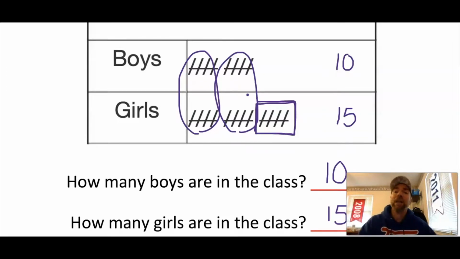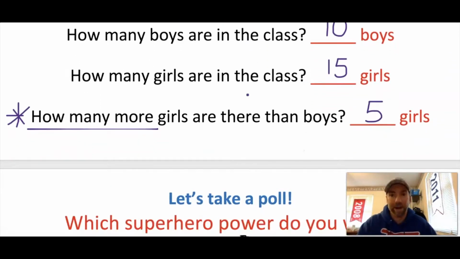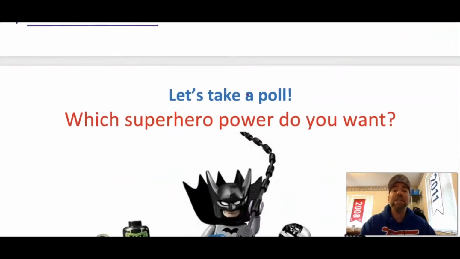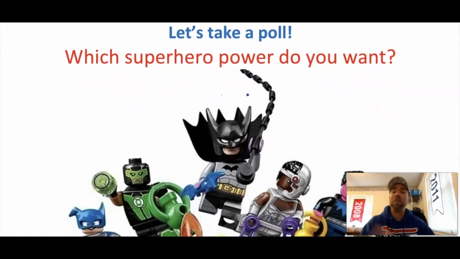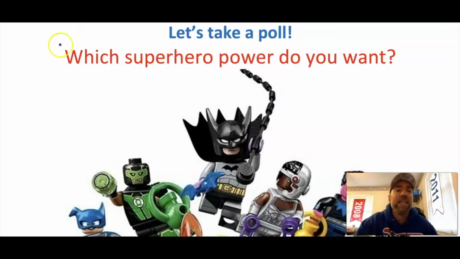Today, we're going to collect some data, and we're going to make a bar graph from the data we collect. So let's take a poll. A poll is when you get to vote. The question is, which superhero power do you want?